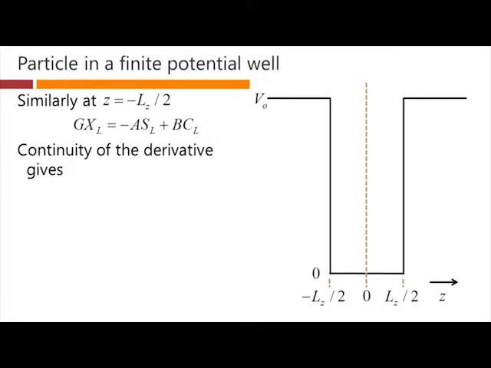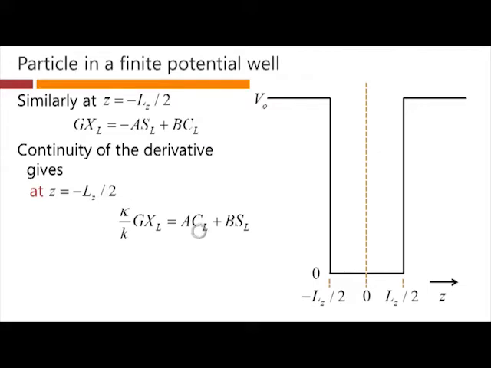And continuity of the derivative, the other boundary condition, will give us at z equal to minus Lz over 2, g xL multiplied by kappa would equal to k times a cL plus b sL, or we can take that k down here. We get the kappa from differentiating the exponential, and we get the k from differentiating the sines and the cosines here.